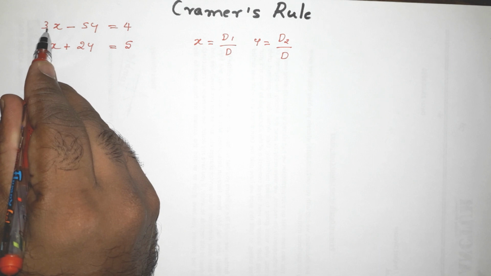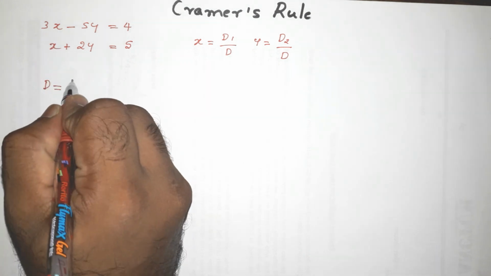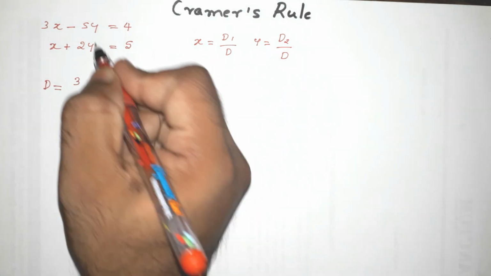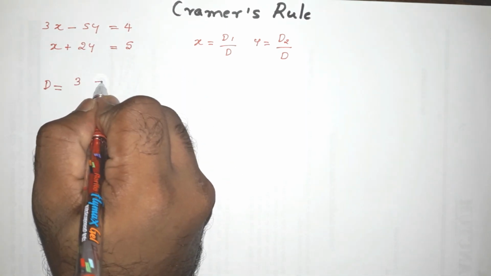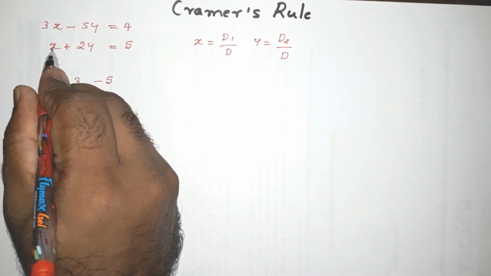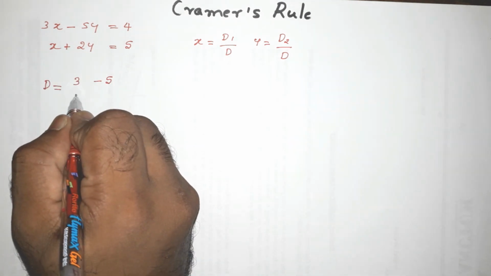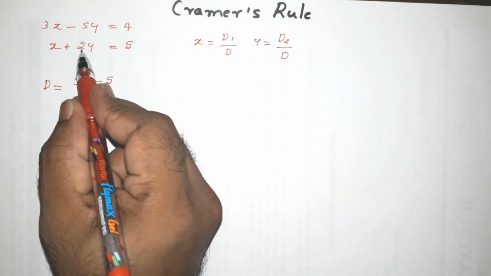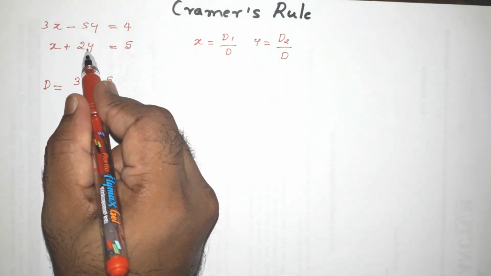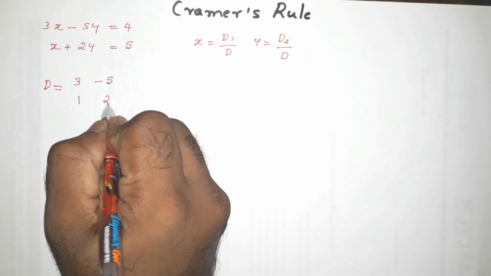Here I have 3x, so I will take only 3, and likewise here minus 5y, I will write minus 5, and here I have x, so I will take the value 1 as the coefficient of x. Here I have 2y, I will take the value 2.